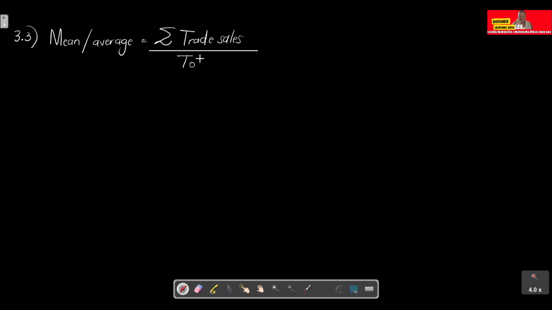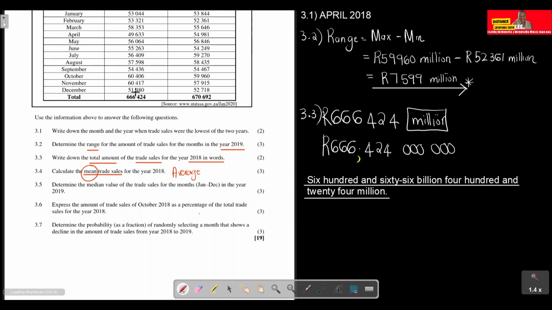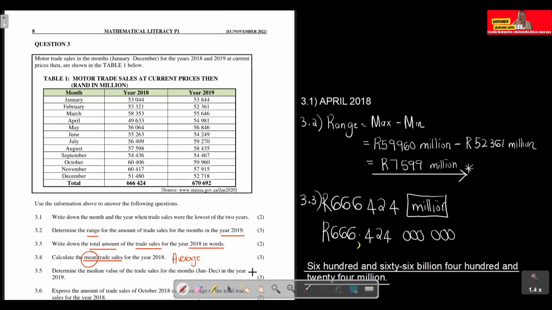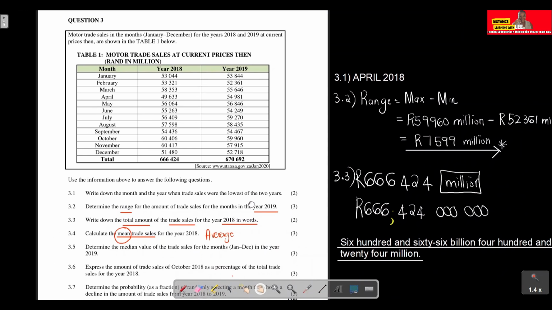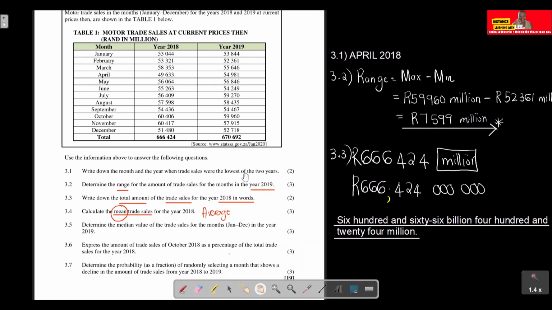I'm going to take it step by step. So what is the sum of the trade sales for the year 2018? We're going to look at the information given to us here, and they already made our life super easy because they've already given us the total trade sales for the year 2018.